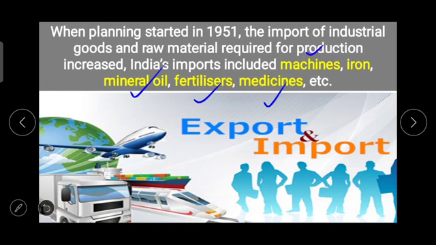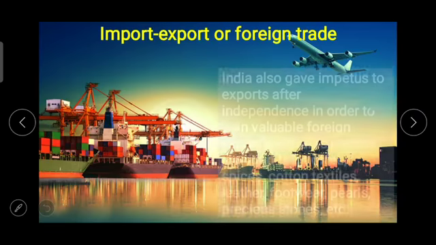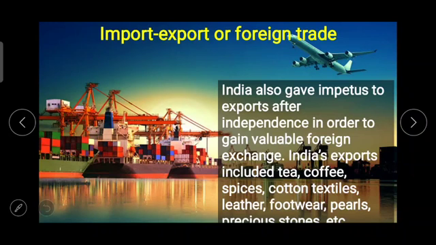India also gave impetus to exports after independence in order to gain valuable foreign exchange, because foreign exchange plays a very important role in development.